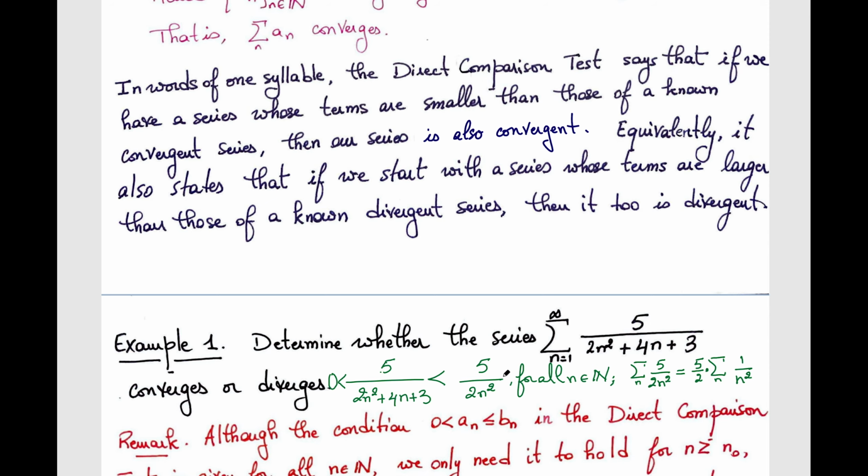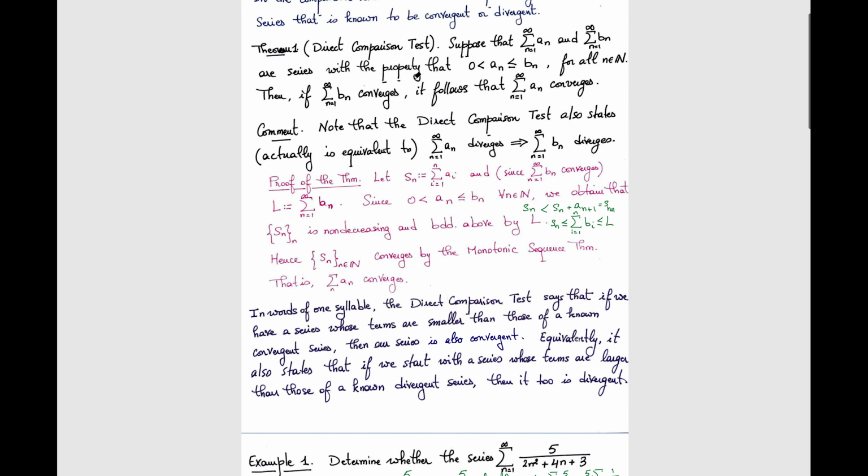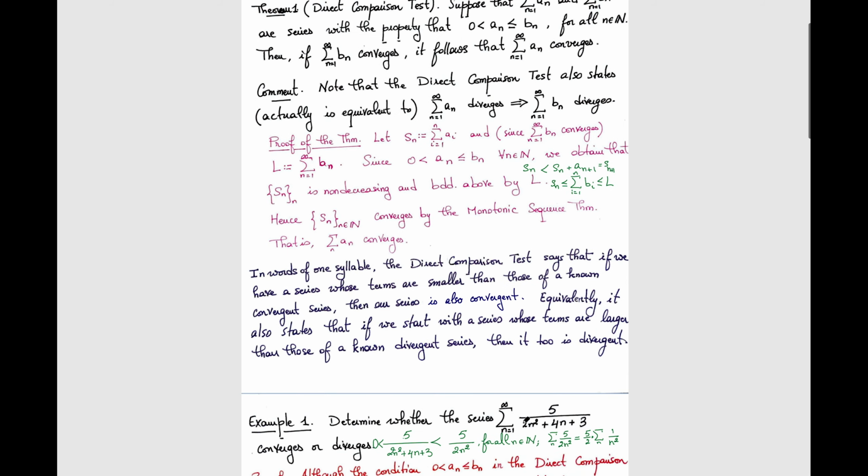So as such, by the direct comparison test, the series whose terms are the bn's is convergent. As such, the series whose terms are smaller is convergent as well, which is the desired thing.